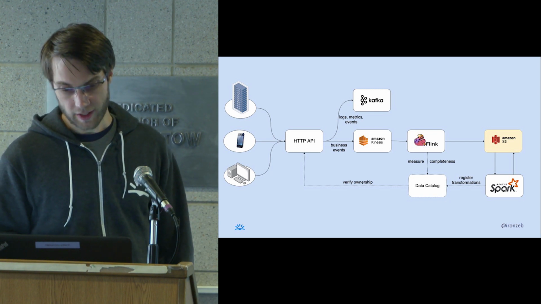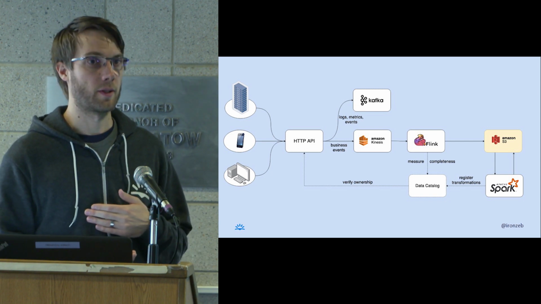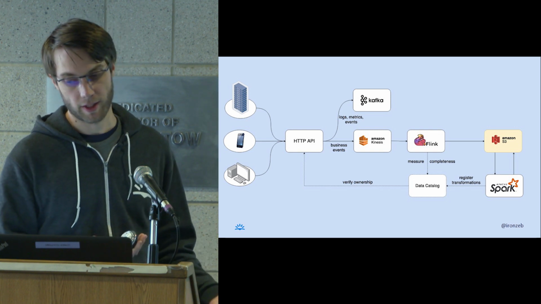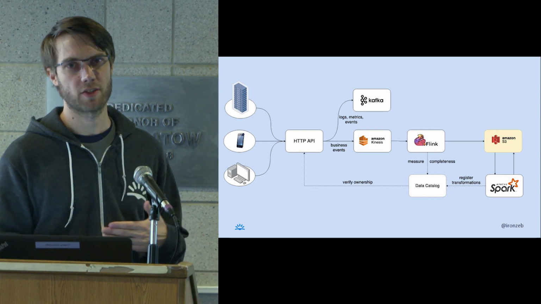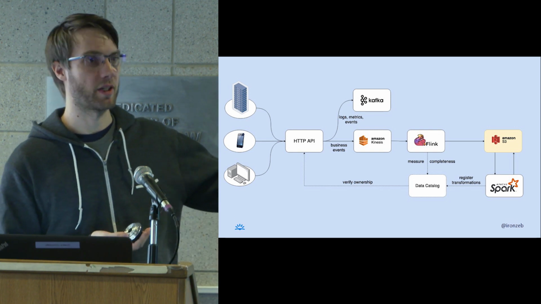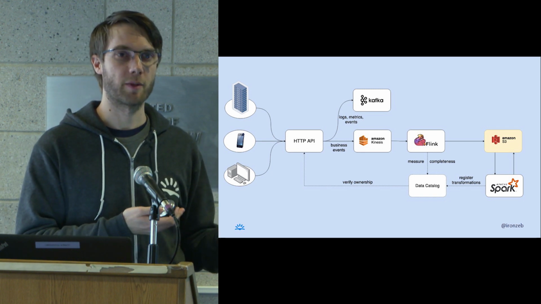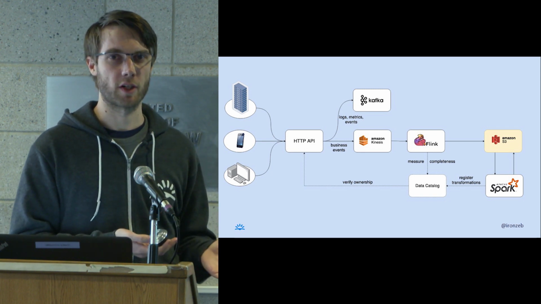So this also solves the replay problem to some extent, because transformations on the archive are repeatable. And this is something fundamental with streaming pipelines that we don't often talk about, I think.